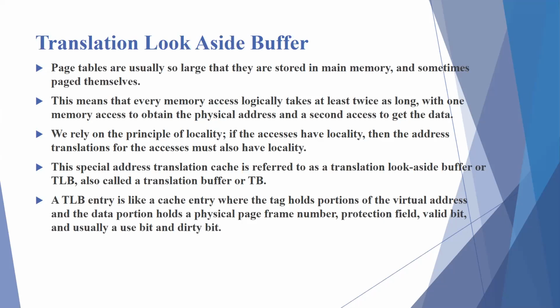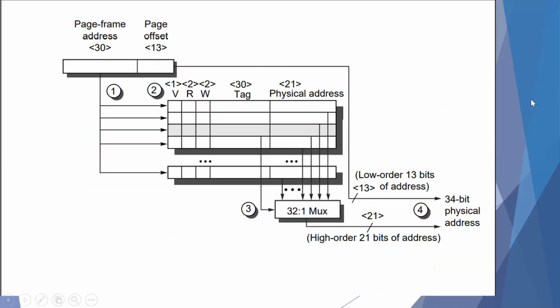If data and instructions are repeatedly following locality, then obviously their addresses are also being used. So we follow locality with this page table also, and this special address translation cache is referred to as a translation look aside buffer, also a TLB or a TB. A TLB entry I will tell you from the next diagram.